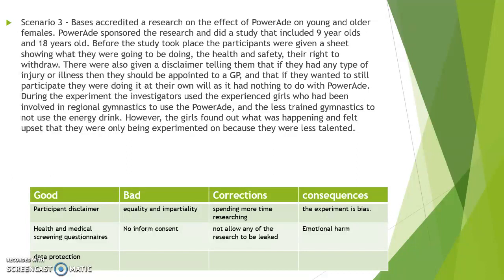The bad things with scenario 3 is the inequality and impartiality. This is because it shows that the experiment is biased. However, the improvements that can be made is that more time can be spent on the research, which will make it less impartial and less biased.